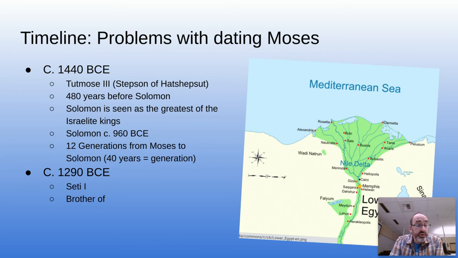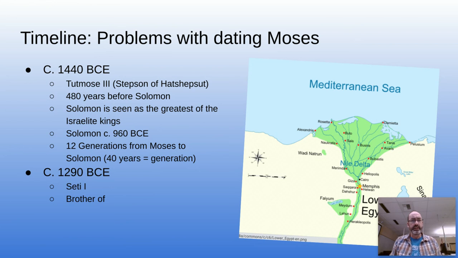Now, another date, if you give 25 years as a generation, that will give you 1290 BCE. And that is the rise of the 19th dynasty, the one we just started to look at. And that would be Seti the First, and he would be the brother of Ramses, Ra-Moses, so son of Ra, or Ra has risen. And I got to put that in there on that slide. So the brother Ramses.